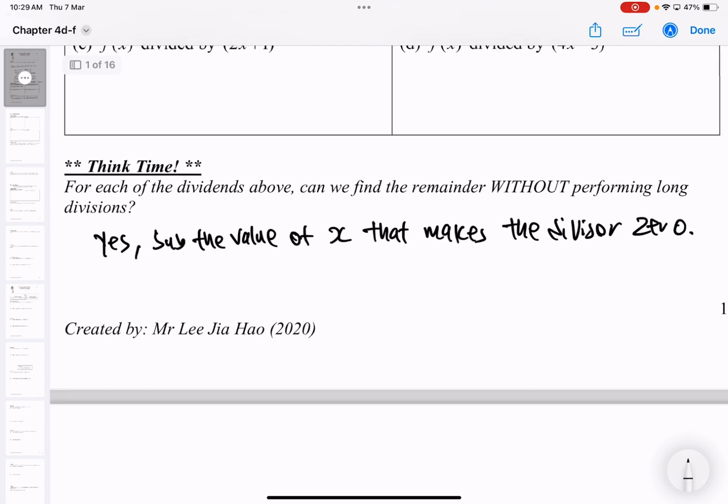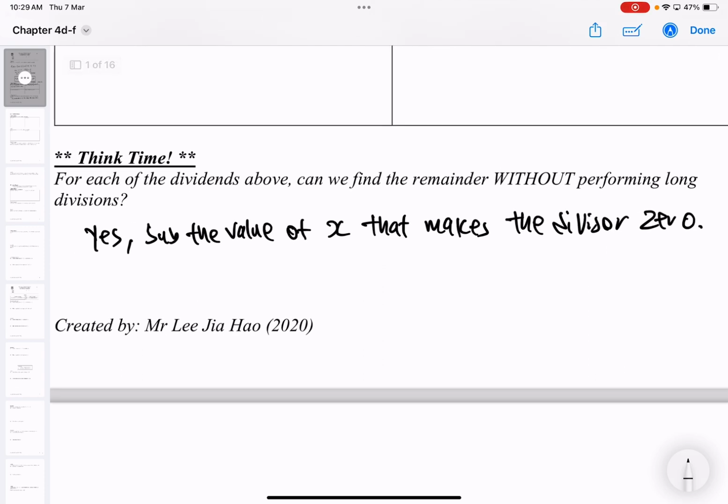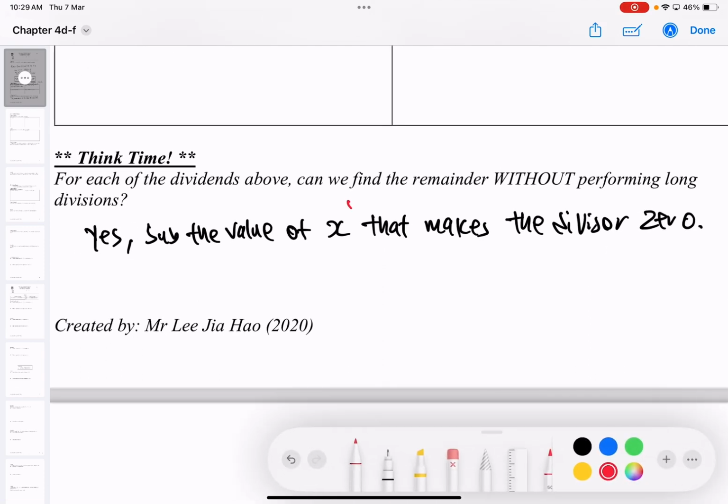Substitute where? Into f(x). Okay, sub the value of x into f(x) that makes the divisor 0.